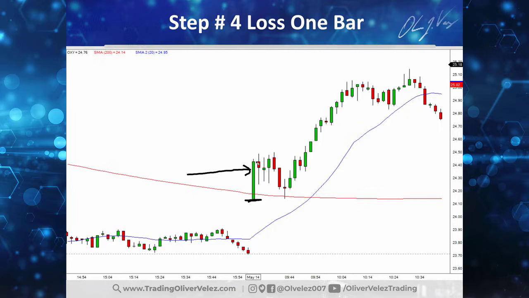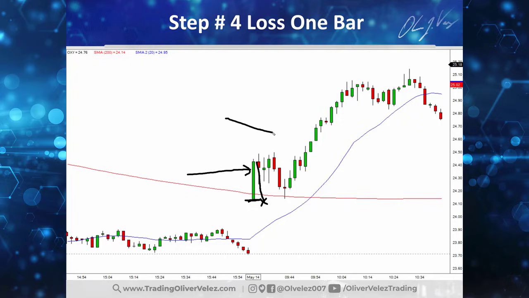So if the stock were to drop and break the low of the bar, they would immediately exit the trade. They're not allowed to lose more than this one bar.